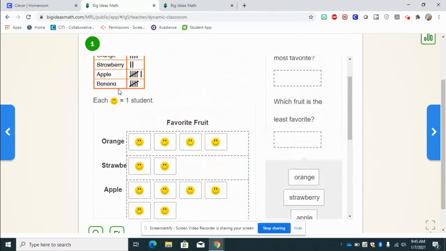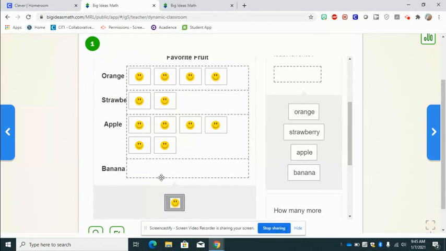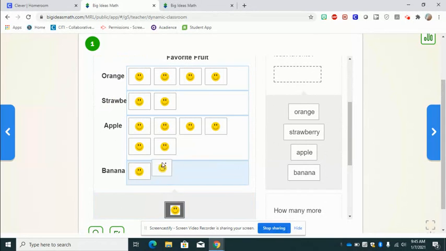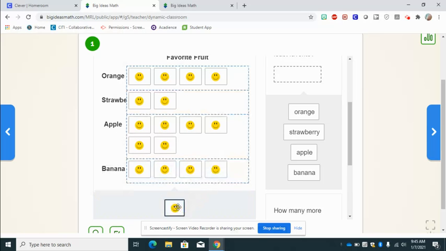Okay, and 5 students chose banana, so we're going to make 5 smiley faces for banana. 1, 2, 3, 4, 5.